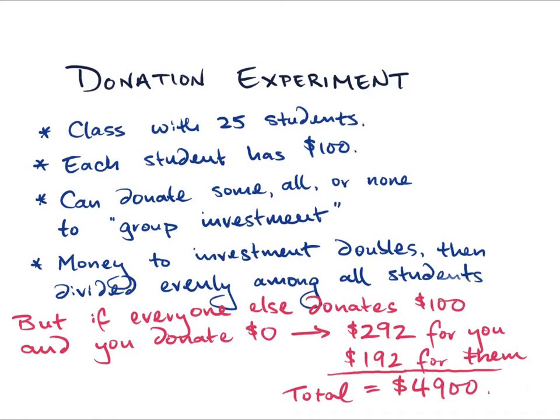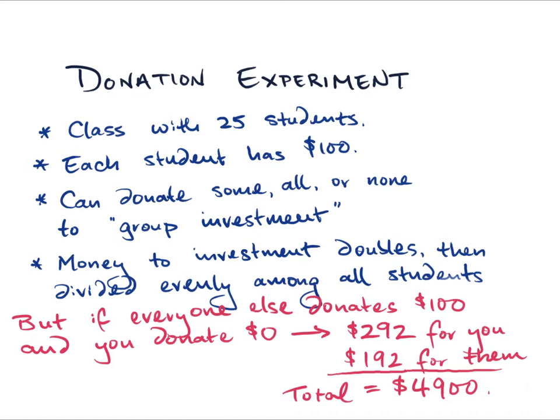Think of what would happen if everyone else donates $100 and you're still trying to decide what to do with your money. The money they donate will give you $192, and that's fixed. The amount you donate is not going to change that. If you donate nothing, you keep your full $100 plus the $192 you get from them.